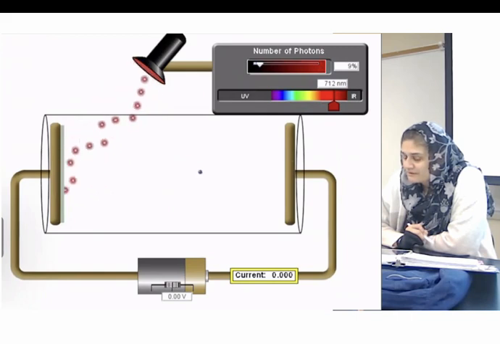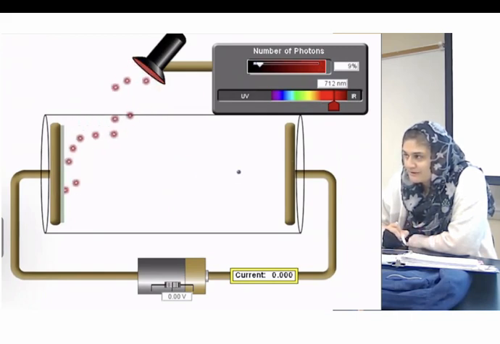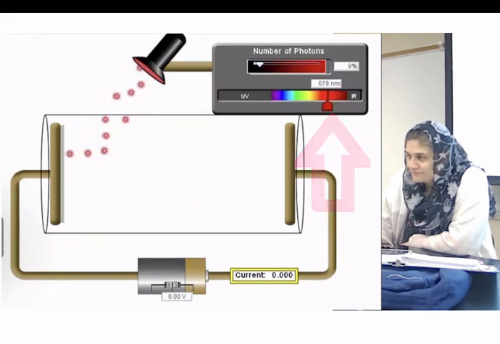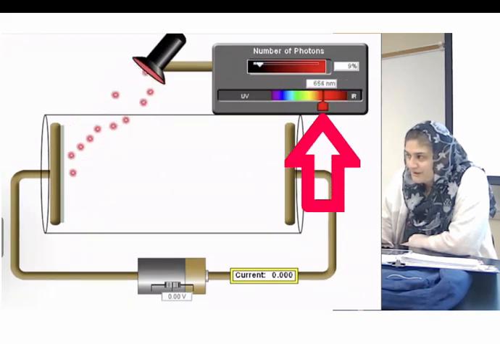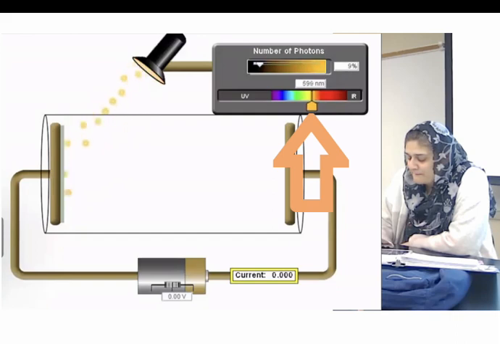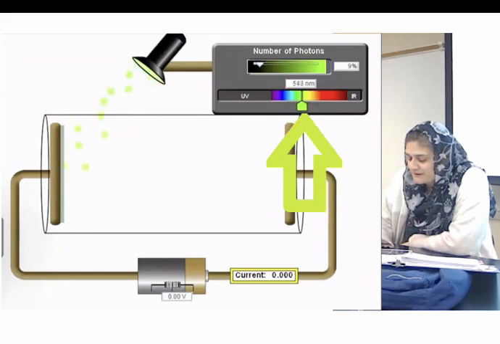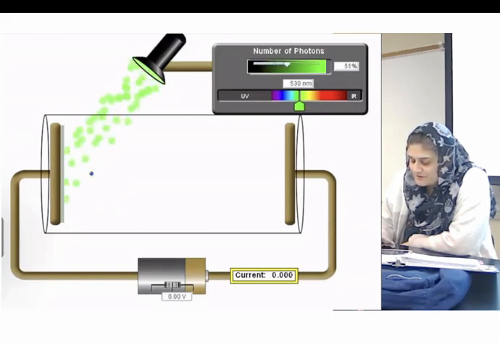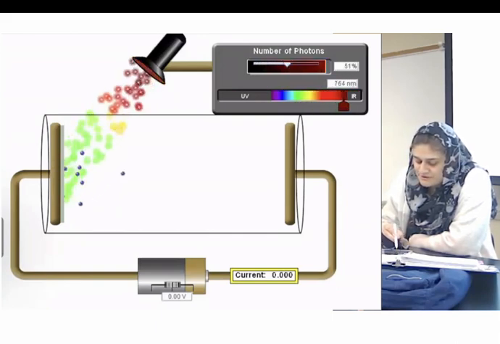Red. Any electrons emitted? I'm increasing its frequency, yes? Nothing, nothing, nothing. Actually, hold on. Let me just do it this way.